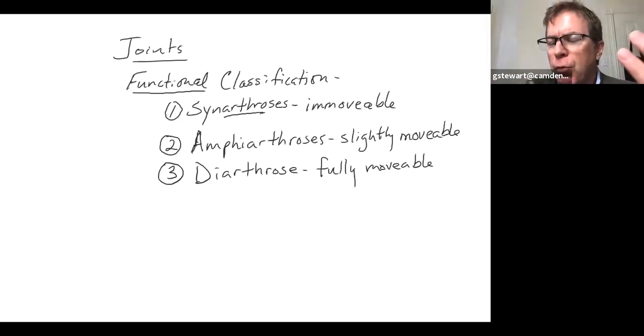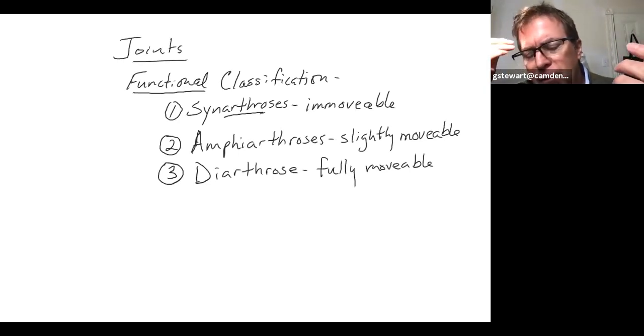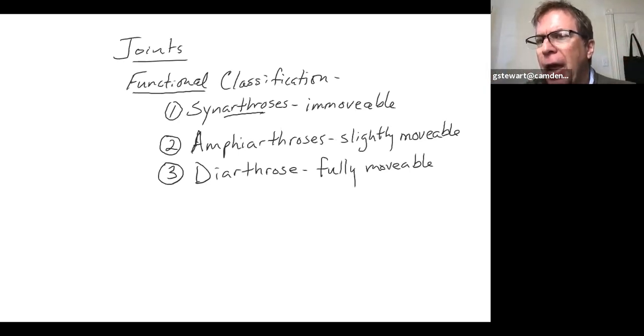Now, when we go forward, we're going to talk about all sorts of different joint types in the human body, and we're going to use these functional classifications as we talk about their structure. So the rest of this chapter is about identifying joints mostly based on structure. And then we say that particular joint based on structure is either synarthrotic, amphiarthrotic, or diarthrotic, based on how fully it moves or if it doesn't move much at all. So let's get on with it.